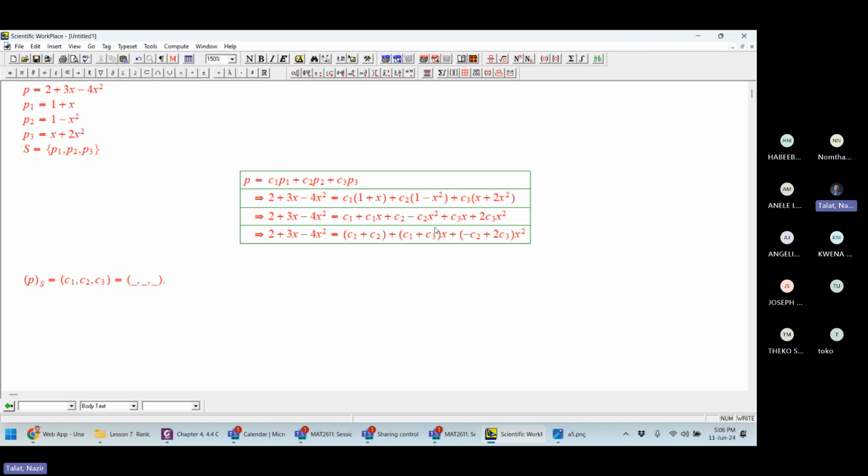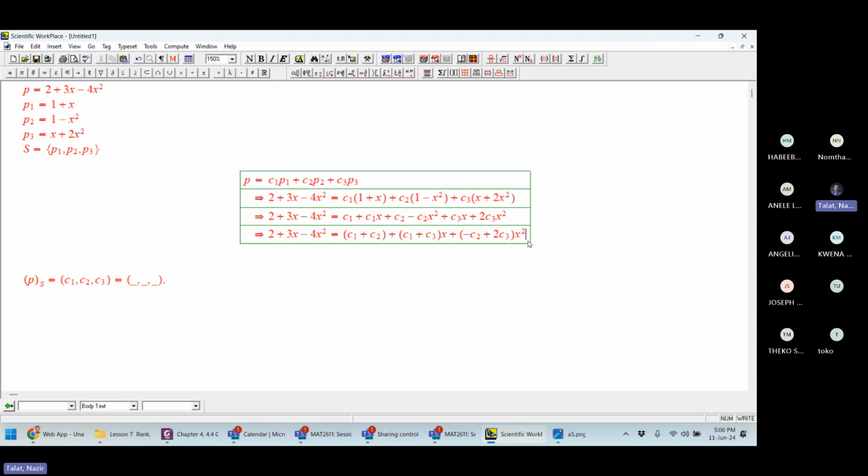So what we do is separate the constants on one side, the coefficients of x on one side, and the coefficients of x square on the other, because we want to make them the same. There are the constants without x, the coefficients of x, and the scalars of x square.